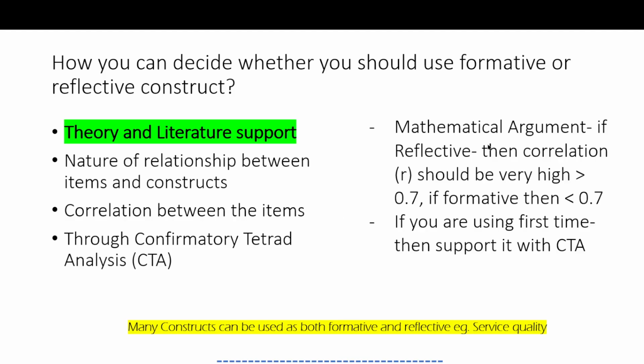And on the basis of mathematical argument, if reflective, then the correlation should be very high, greater than 0.7, and if it is formative, then it should be less than 0.7. If you are using it for the first time, then you should support it with CTA, that is, confirmatory tetrad analysis. And do not forget, many constructs can be used as both formative and reflective, such as service quality.